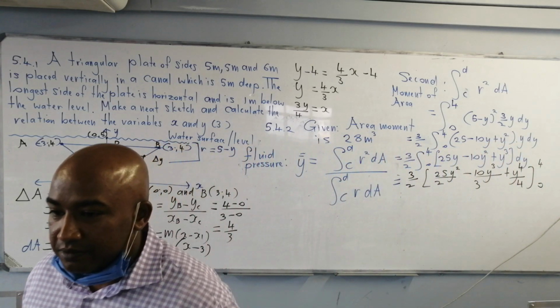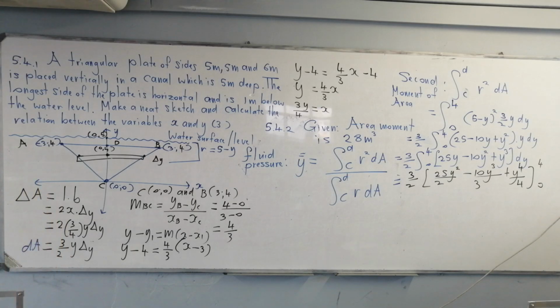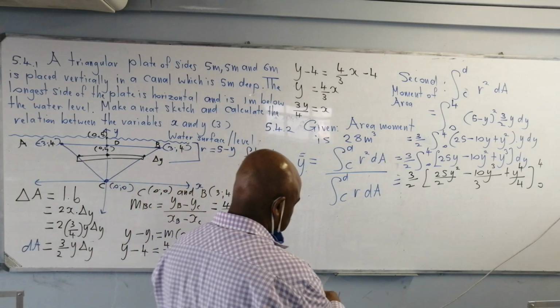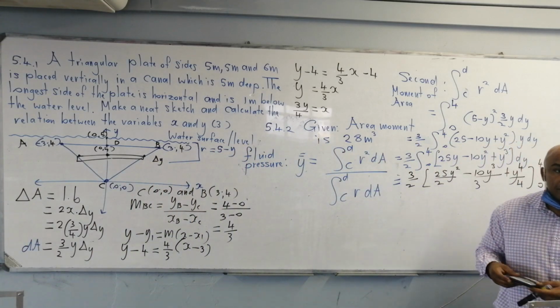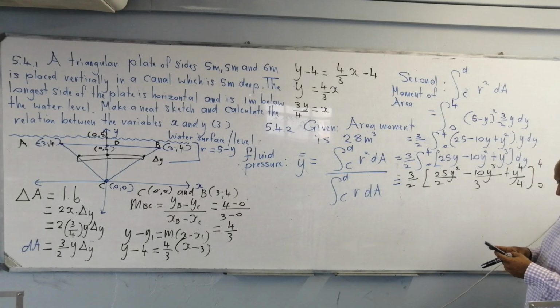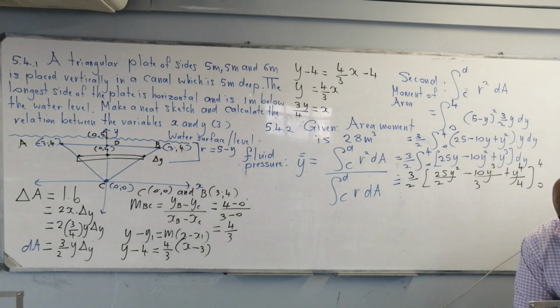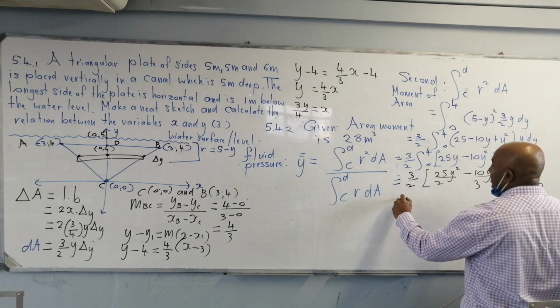Give me that calculator. Double check me here. So when we substitute 4, we get 152 over 3.